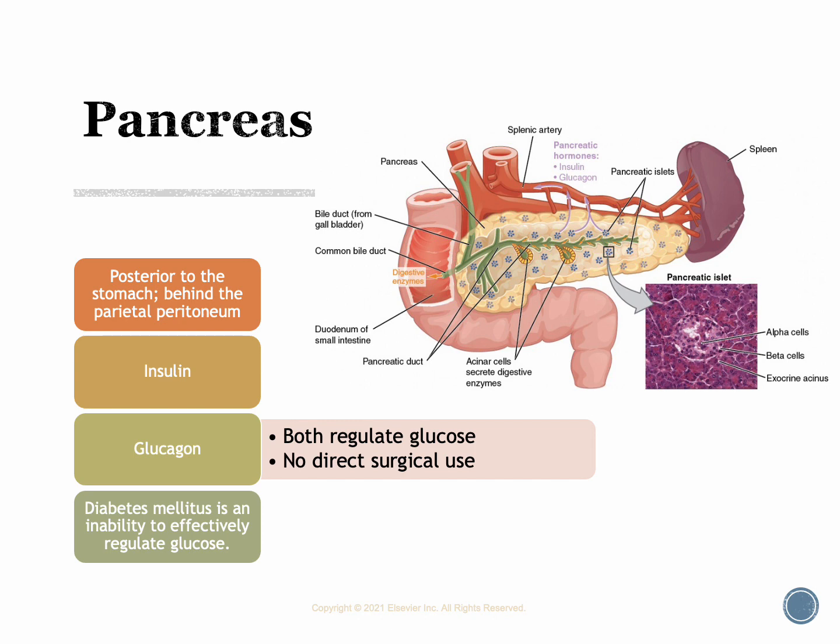Exocrine-wise, it secretes digestive juices into the duodenum that help us break down our food. From an endocrine perspective, it secretes 2 hormones, insulin and glucagon, which are released into the circulatory system.